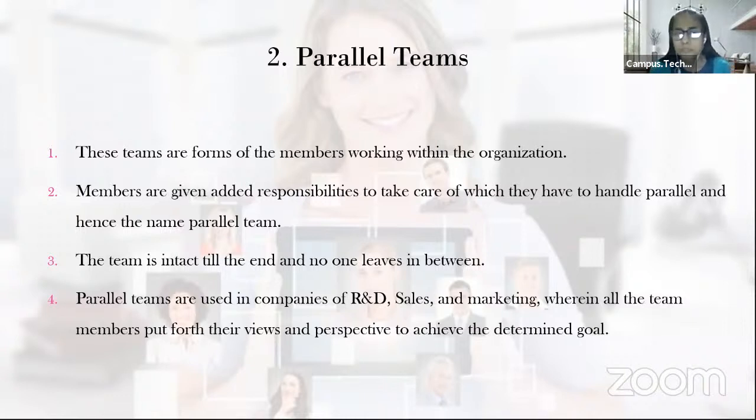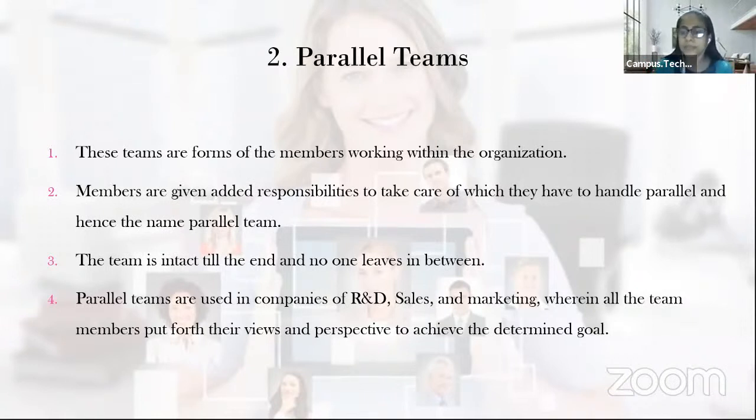So basically, parallel teams are seen in R&D, research, sales, marketing kind of businesses where they present their views and perspective to achieve the desired results, goals, objectives of the organization.